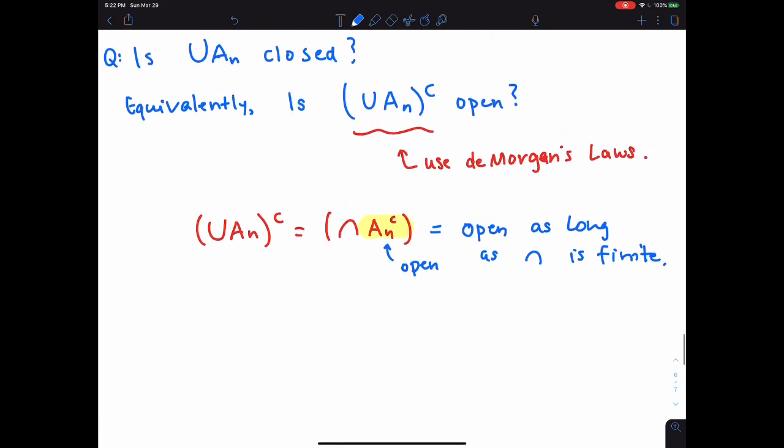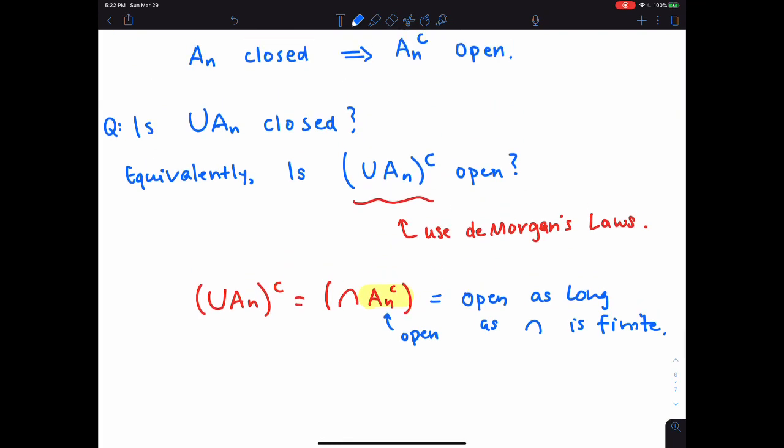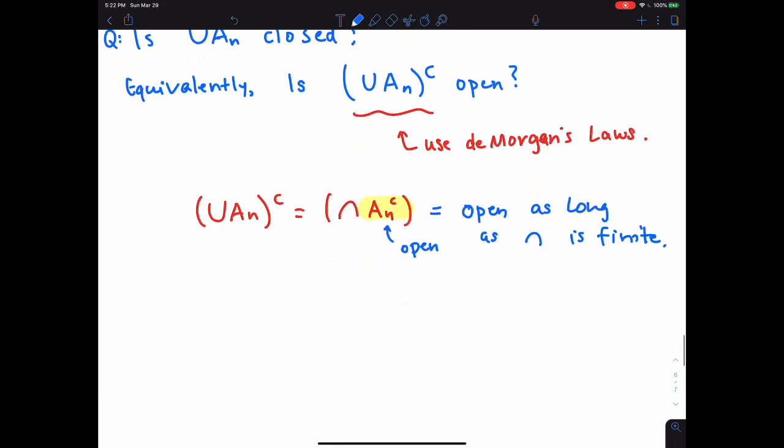That's like saying that if you want to understand whether or not the union of sets is closed, which again means the complement of the union has to be open, talking about the union of closed sets is related to talking about the intersection of open sets. So that's what we just found here.